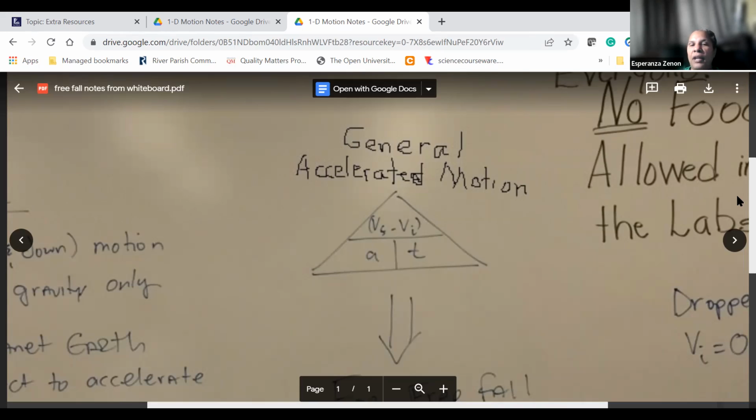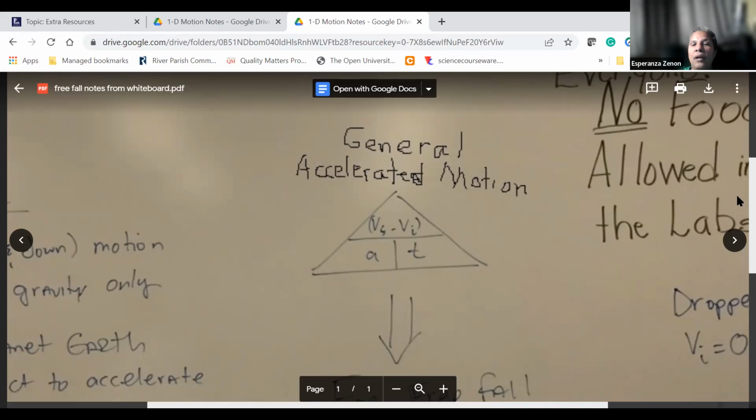So for example, if I want to find A, I cover up the A, and it tells me I have to take V final minus V initial divided by T. If I want A, that's what I have to do. The final velocity minus the starting velocity divided by the time.